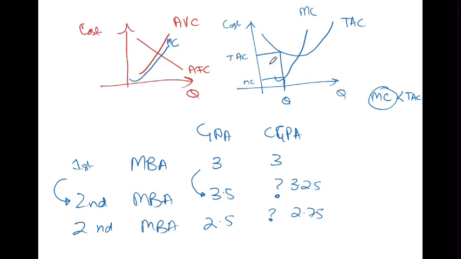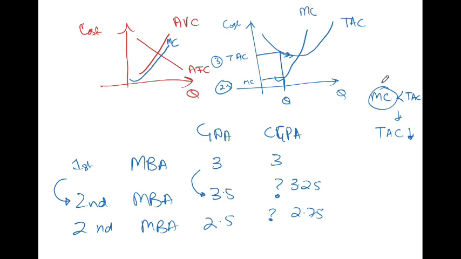So think of this as your CGPA, which was 3, and then you ended up scoring 2.5. This resulted in your CGPA falling. So whenever your marginal cost is less than your total average cost, it results in pushing your total average costs down.